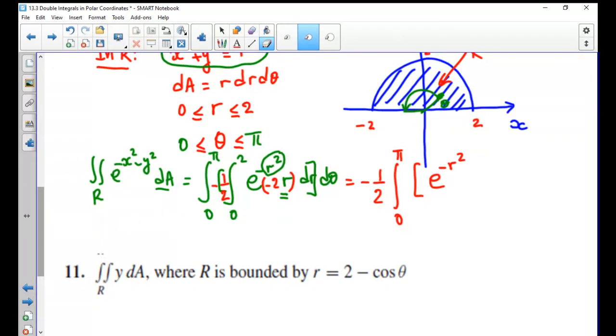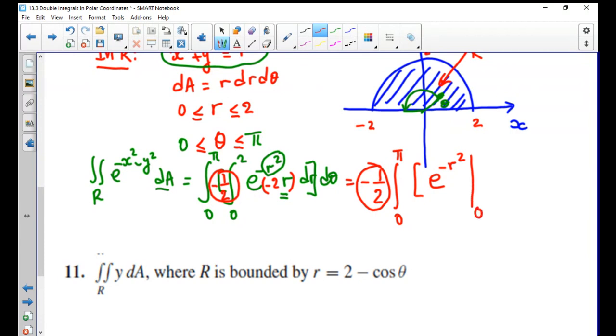So what we have here is a minus half. This minus half, take it out. And what is left is e to the minus r squared from 0 to 2, and then d theta. Now substitute.